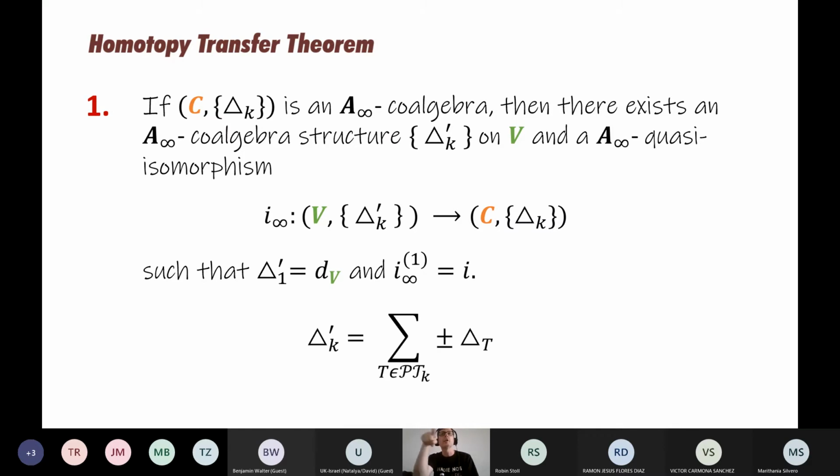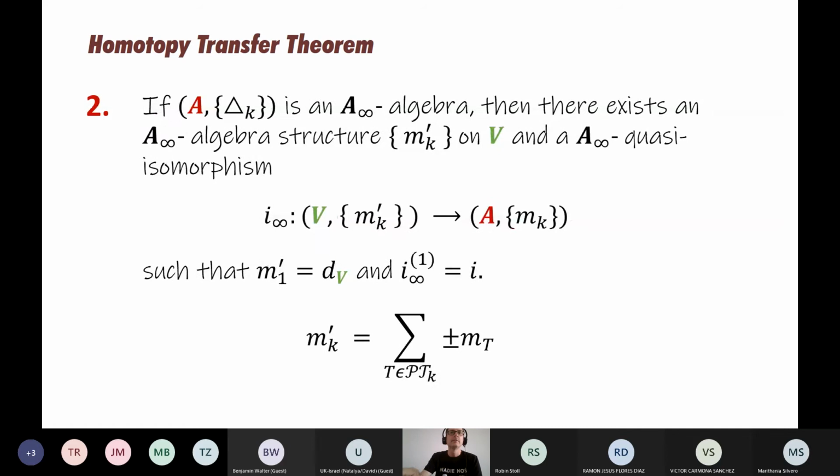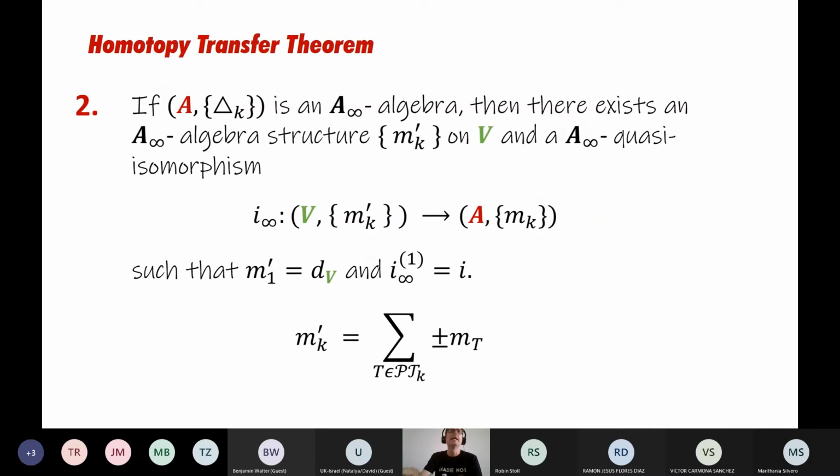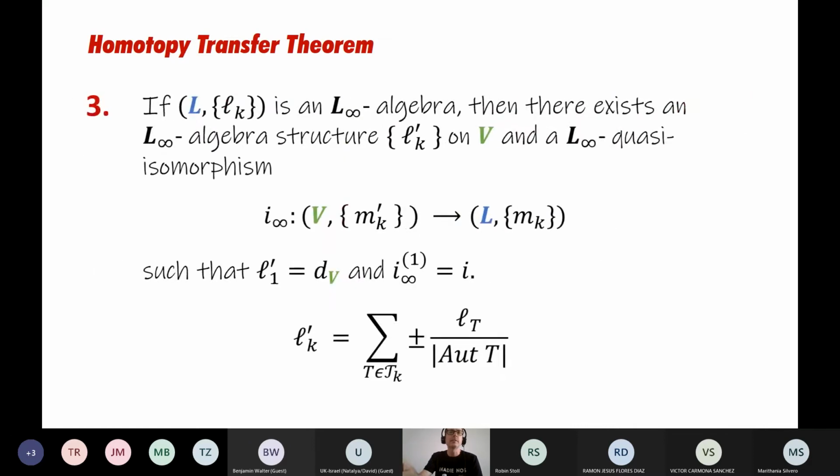And this is described as the following sum on all the linear maps that we have defined. The same thing can be said for A-infinity algebras in a similar way, with a sum over the trees of the linear maps defined by the trees, and also for L-infinity algebras.